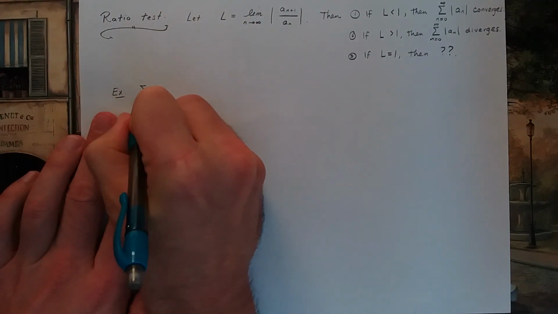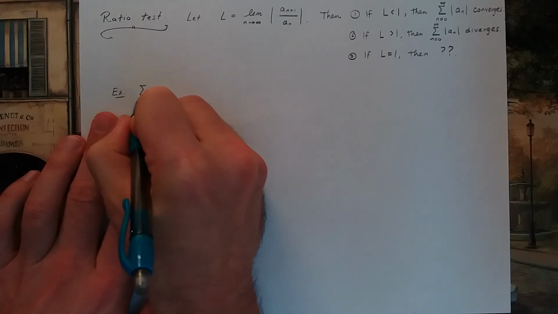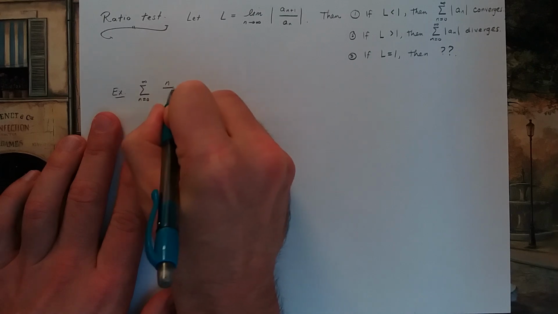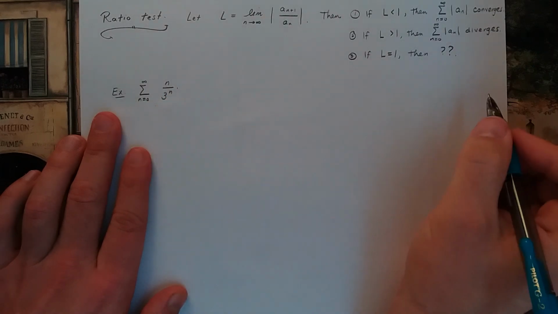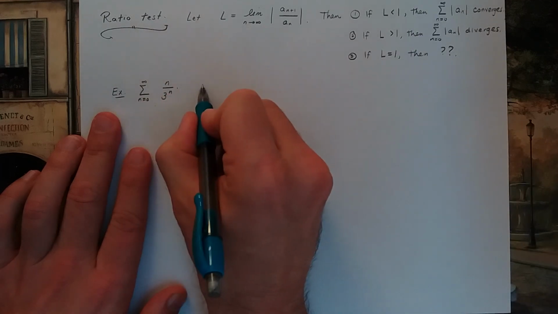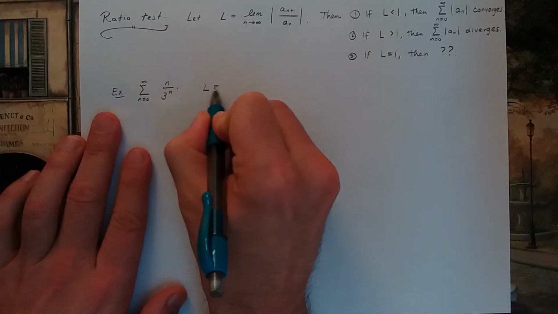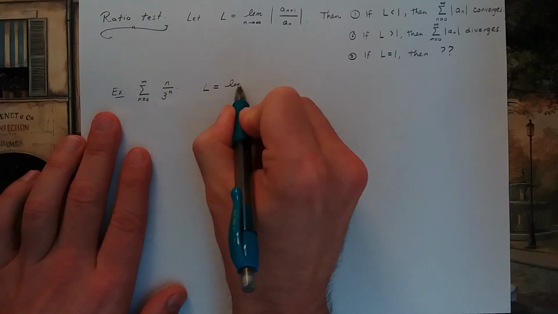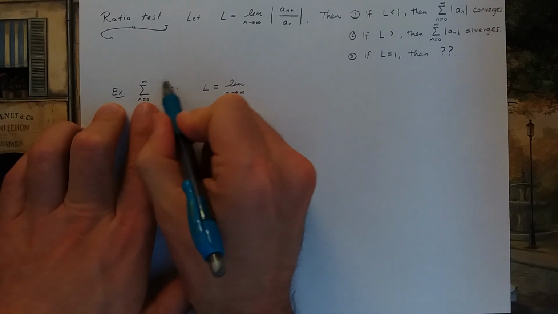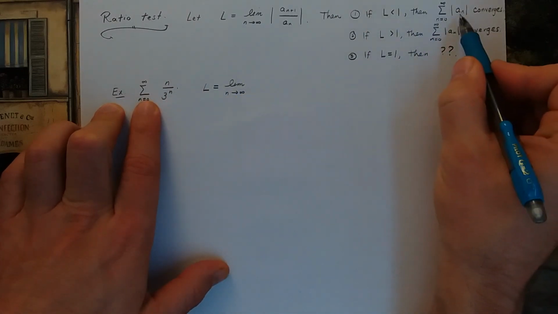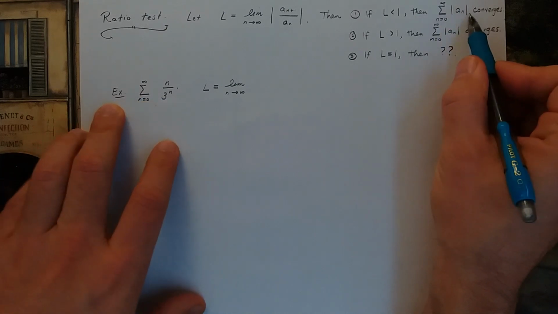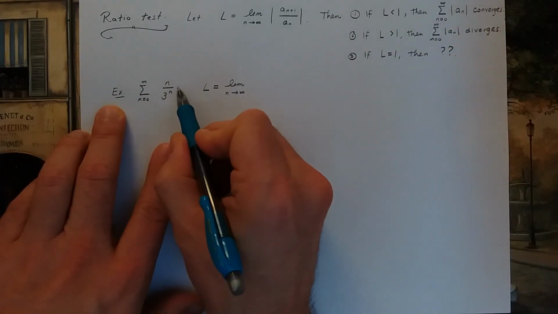What about the series n going from 0 to infinity of n over 3 to the n power? So the ratio test says I have to look at this limit L. It's the limit as n goes to infinity of the n plus first term. You'll notice in the statement of the theorem I have absolute values. Absolute values don't do anything if the terms are already positive.